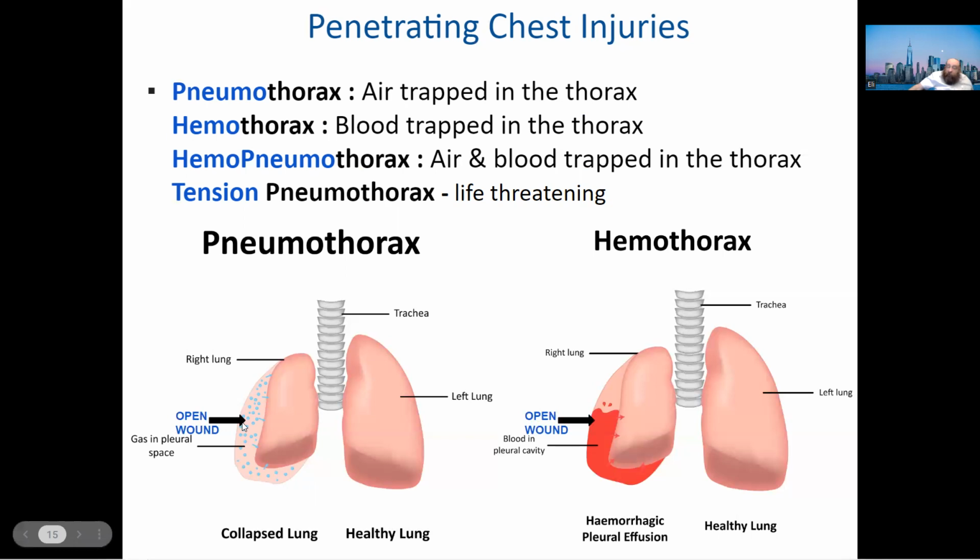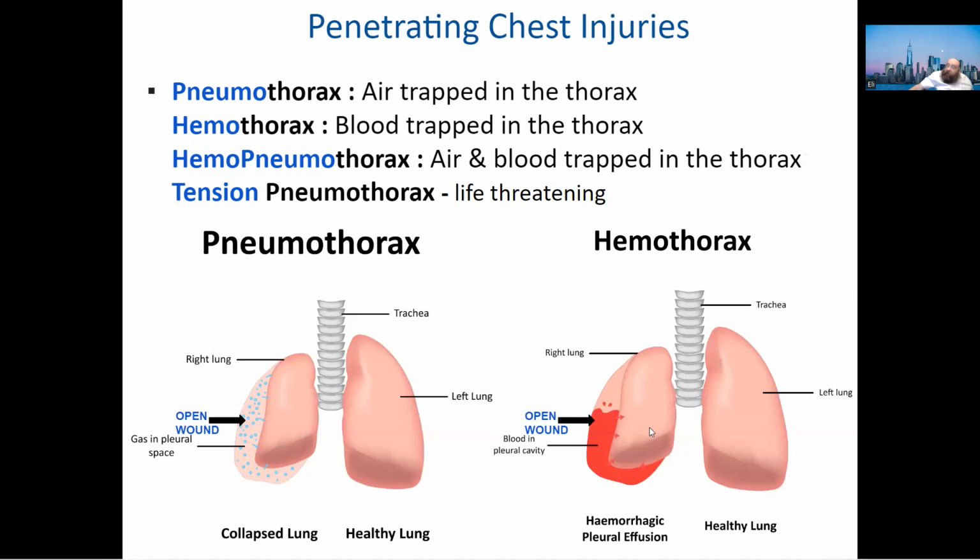So we've got a problem. Houston, we've got a problem. And as more and more air is pouring in between the parietal and the visceral pleura, the lung begins to collapse. And this is what's known in layman's terms as a collapsed lung. We call it a pneumothorax.